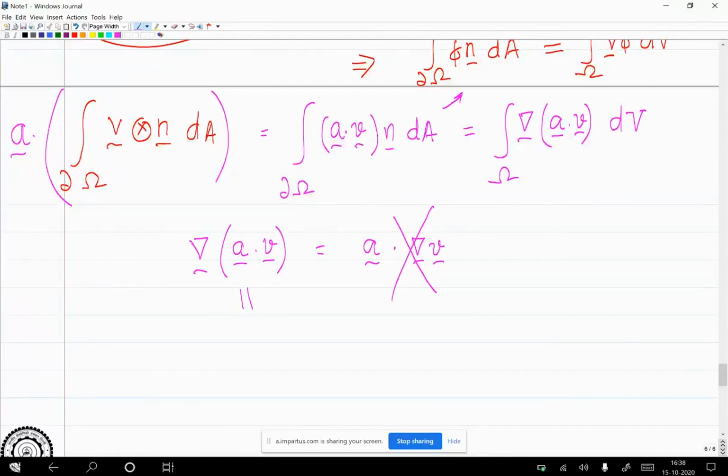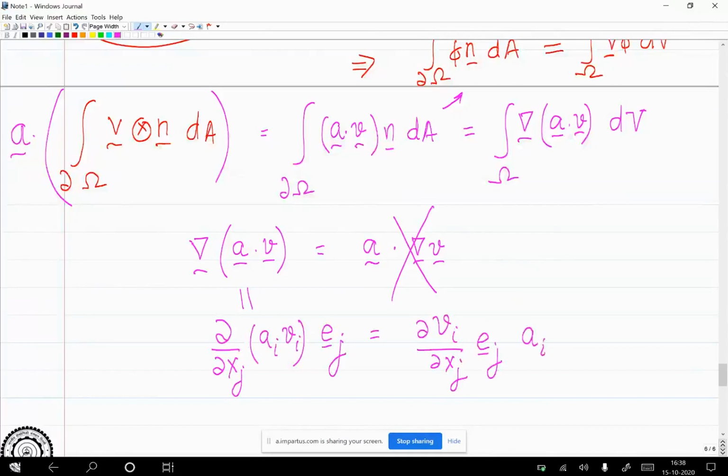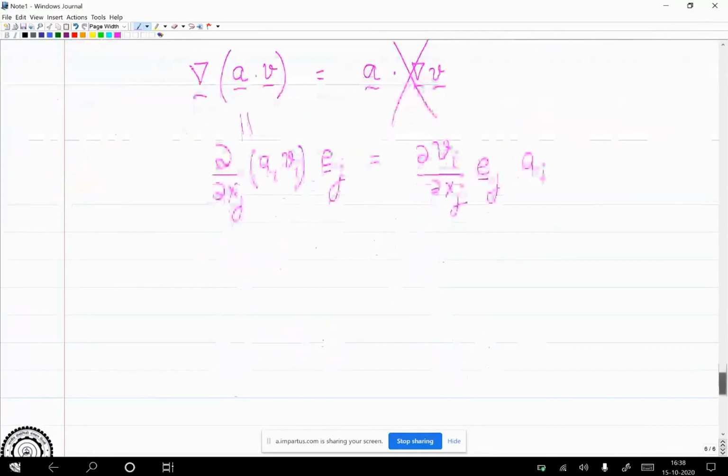So this is now del by del xj of Ai Vi, into Ej. So this is same thing as del Vi over del xj into Ej into Ai, right?